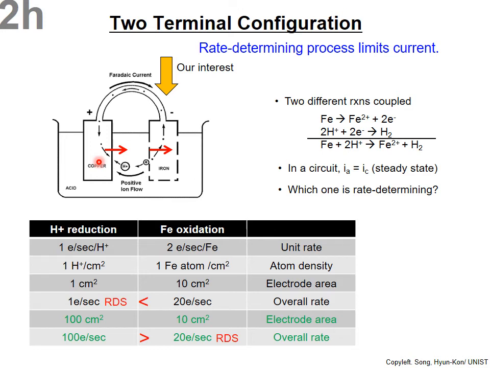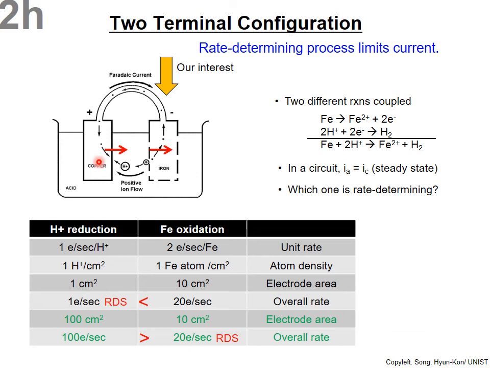How many electrons are generated by the iron oxidation for a second? Or how many electrons are consumed by proton reduction for a second or for an hour? We cannot expect anything from thermodynamics based on reduction potential. But the kinetics or the rate is a very important thing. Then we should consider the speed of the electron generation or electron consumption rate.